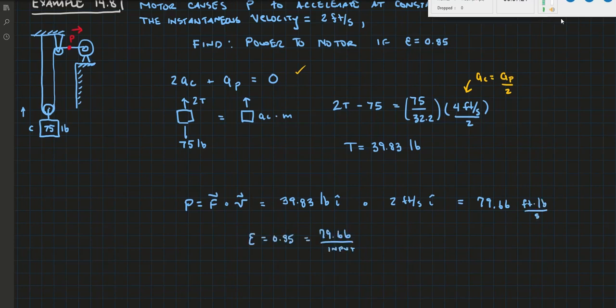So our efficiency for our motor is 85%. So we need 79.66. Our motor then needs to, because of losses, 93.72 foot-pounds per second.